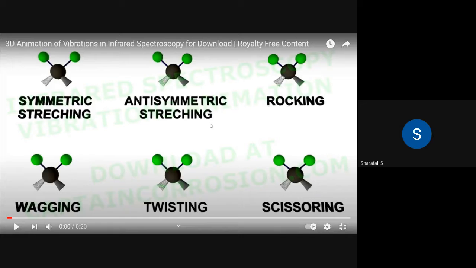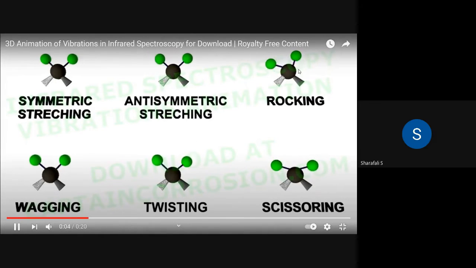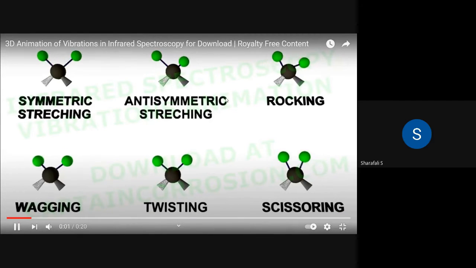In rocking, you can see this kind of vibration, and in wagging, we have this kind of vibration. In the rocking case, this vibration is in the plane itself. Whatever you are seeing on this screen, the vibration happens with a change of angle, where the bond length r is fixed, the separation from the central atom to this green atom is fixed, but the angle will be different.